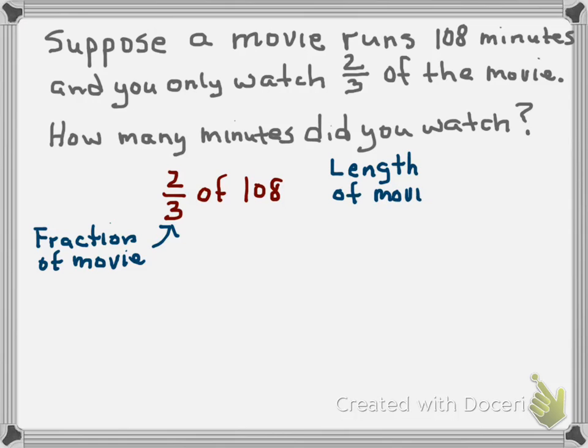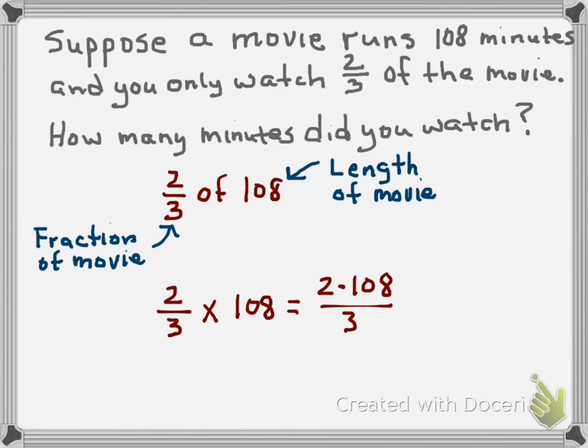108 is the length of the movie. And if we want to find the number of minutes that is represented by the fraction 2/3, then we multiply the fraction 2/3 times 108. When we do that, we multiply the 2 times the 108, and that will be over 3.